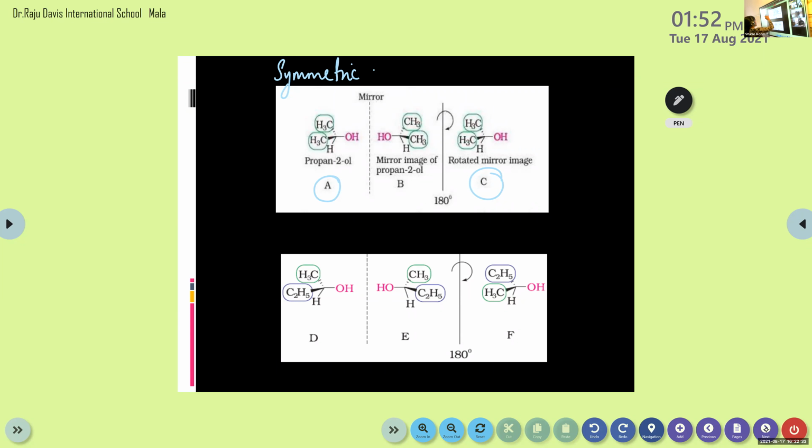Okay, then tell me, it's already a symmetric molecule. Then look at the mirror images of A and C. Can you tell me, is it superimposable or non-superimposable? Rijas, can you tell me? Superimposable or non-superimposable?